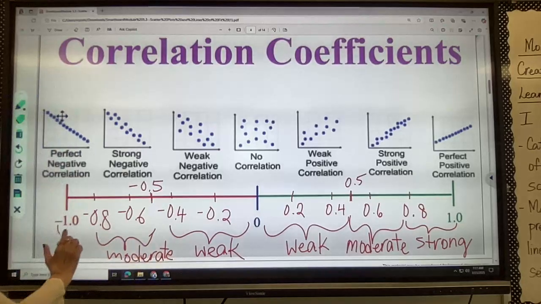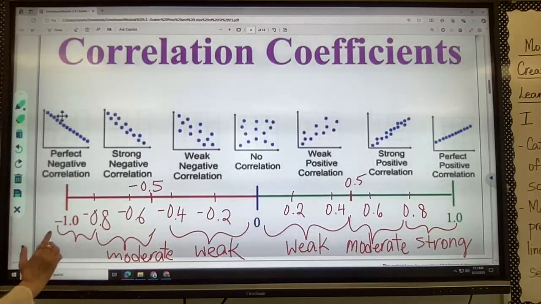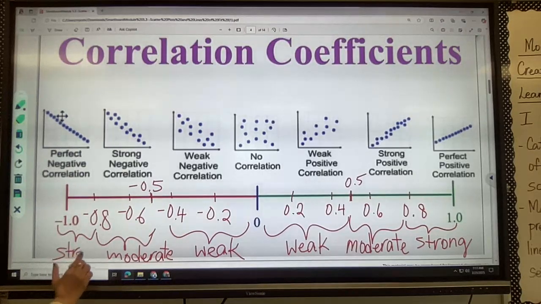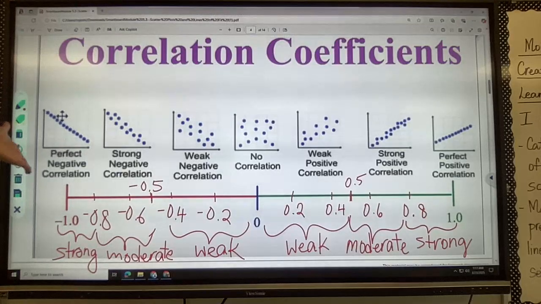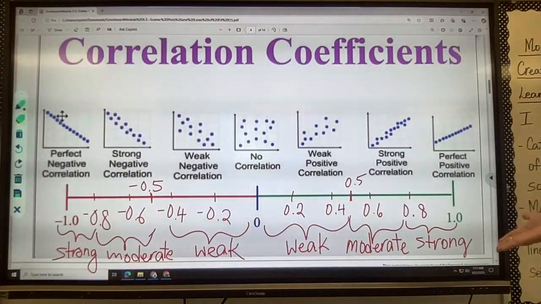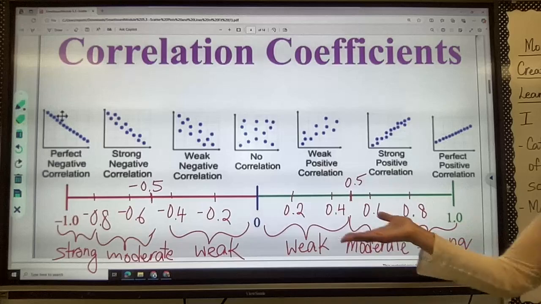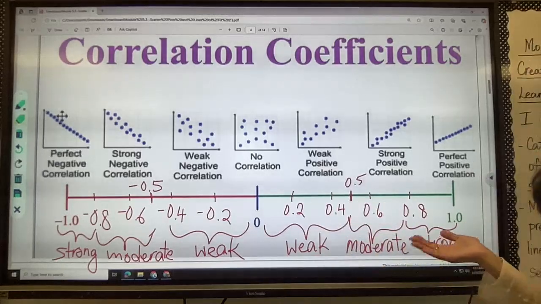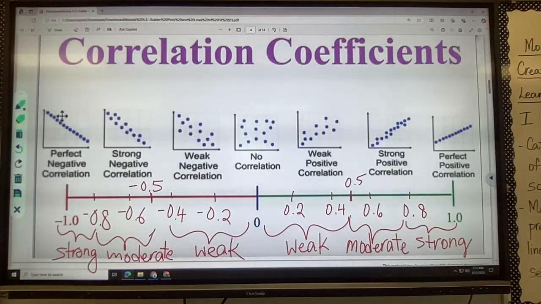And then here, this is my strong. So it could be strong towards the perfect negative correlation, and strong towards the perfect positive correlation. So this is a rule of thumb to follow when you're trying to see if the correlation coefficient is weak or strong.